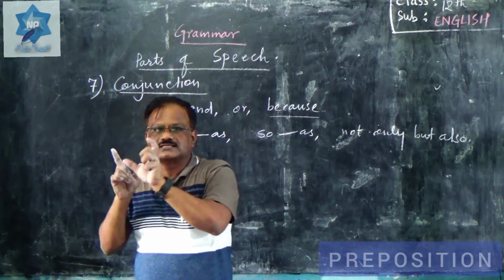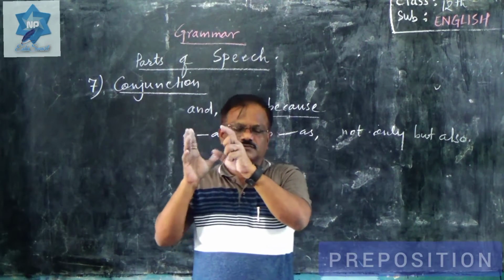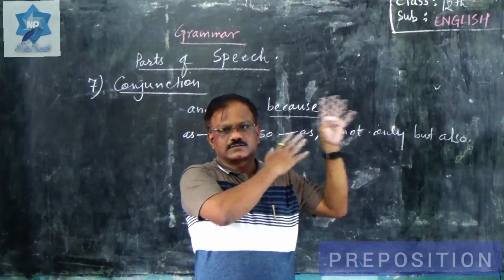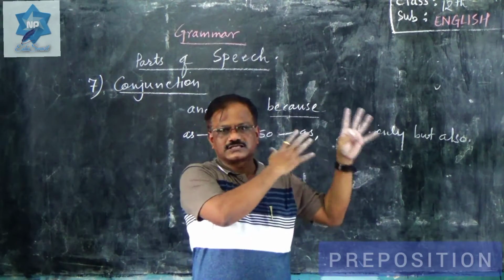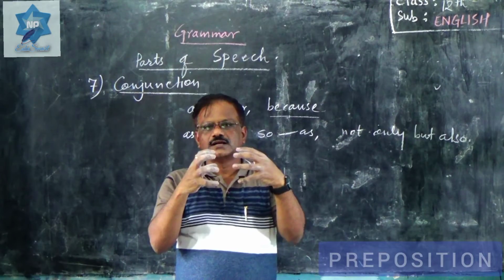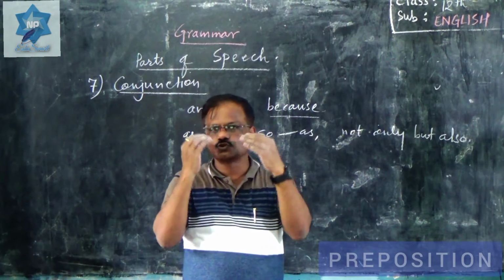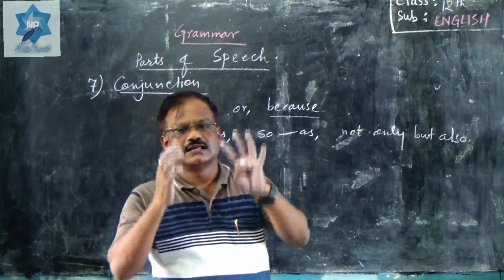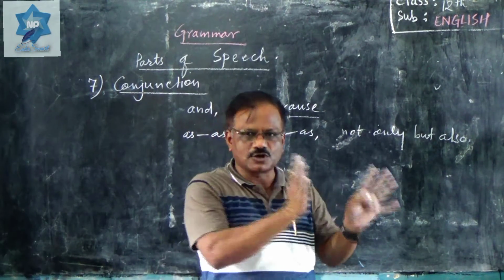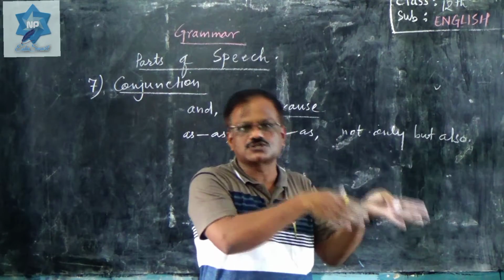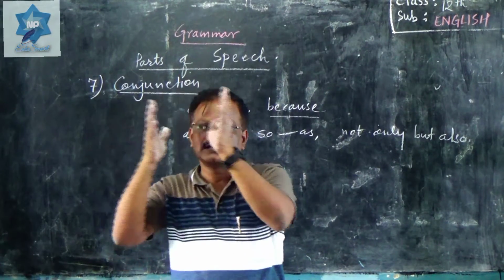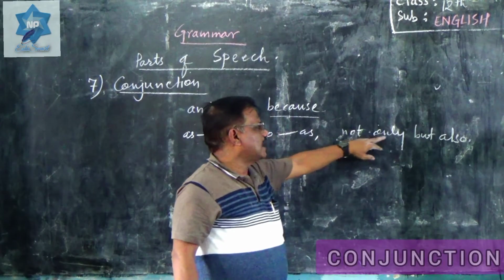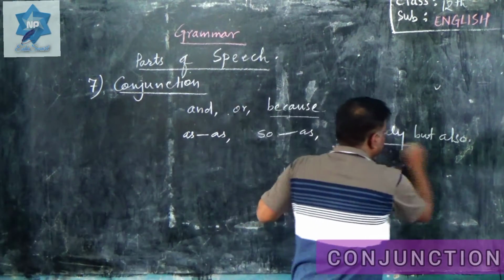And when a main clause or principal clause and other subordinating clauses have been joined together to form a sentence, at that time those conjunctions are called subordinating conjunctions. The conjunctions that join a subordinating clause to a main clause or principal clause are called subordinating conjunctions, for example, not only but also.